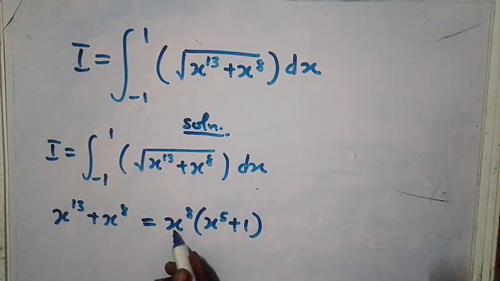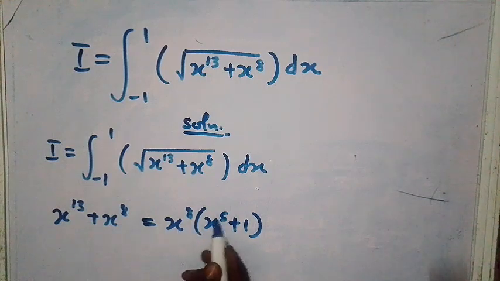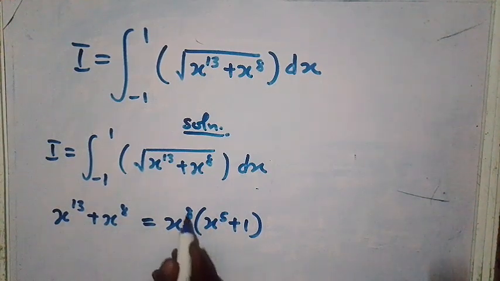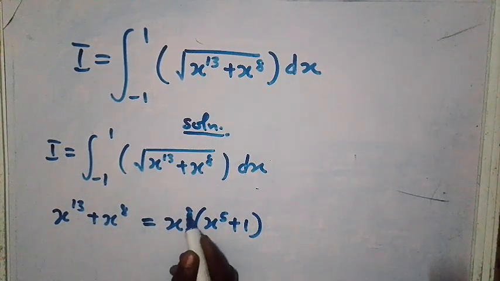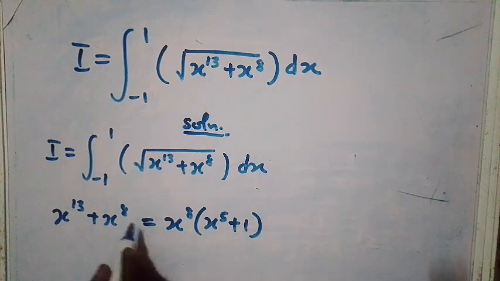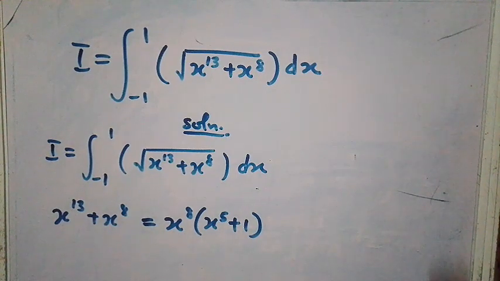And this is the same base. 8 plus 5 will give 13. Then we have x raised to the power 13. x raised to the power 8 times 1 will result to x raised to the power 8.